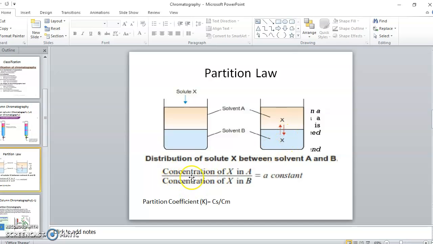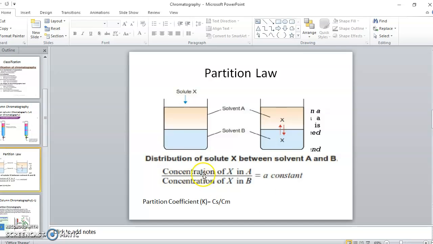And that ratio, the concentration of the solute X in solvent A divided by the concentration of the solute in solvent B, will be a constant. This constant is called the partition coefficient. So this is the partition law or distribution law.